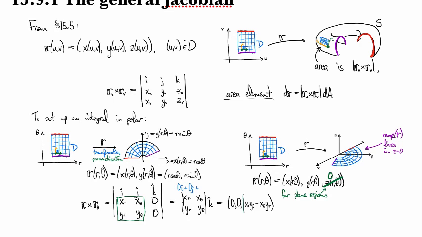When we go to take the size of this vector, this is exactly the part that we end up using. This gives us our Jacobian, and that's the one that we use for setting up integrals.